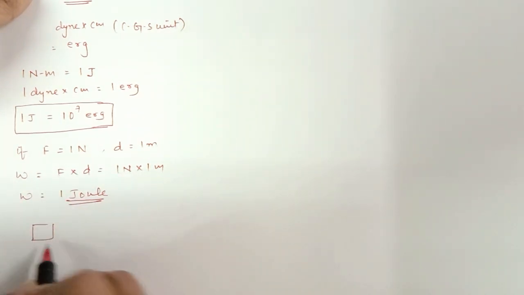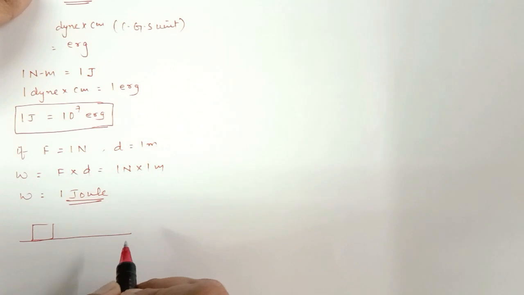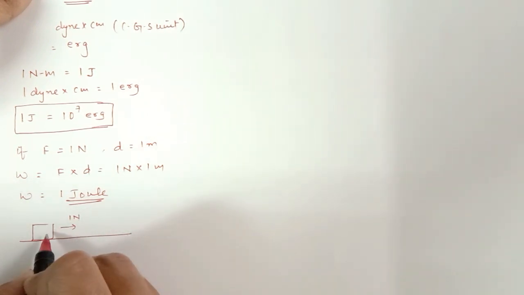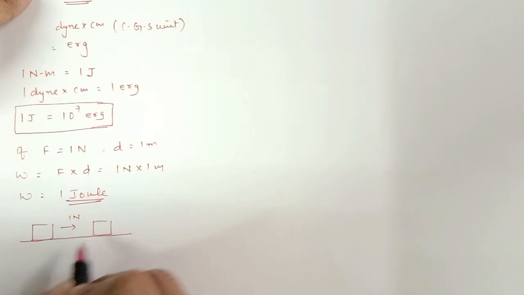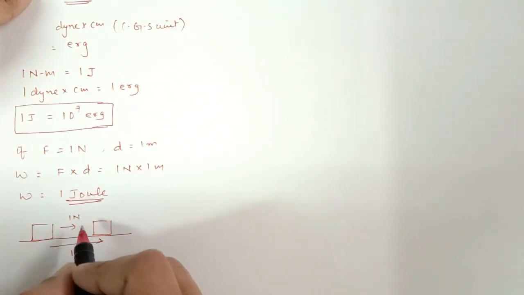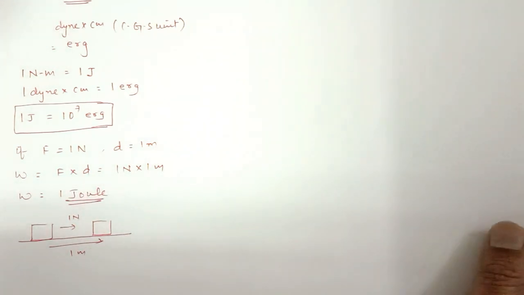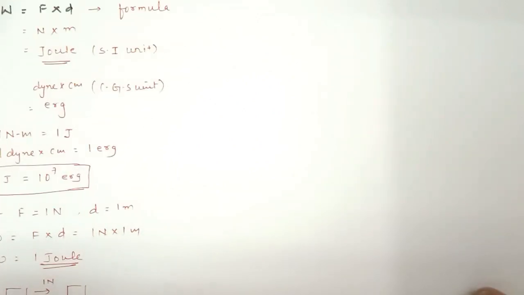Suppose this is a body and it is being pushed with a force of 1 Newton, and suppose this body travels a distance of 1 meter, then the work done in this situation is said to be 1 joule. Correct?